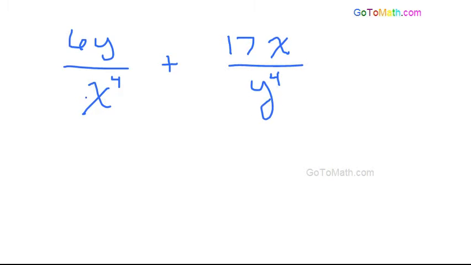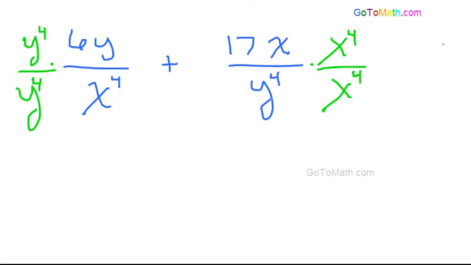As you can see here, we don't have anything in common. We've got an x to the fourth and a y to the fourth. So we're going to multiply this side by y to the fourth over y to the fourth, and then multiply this side by x to the fourth over x to the fourth power.